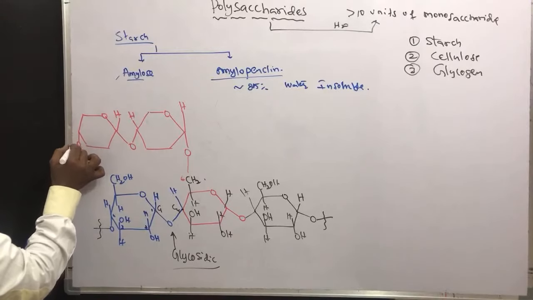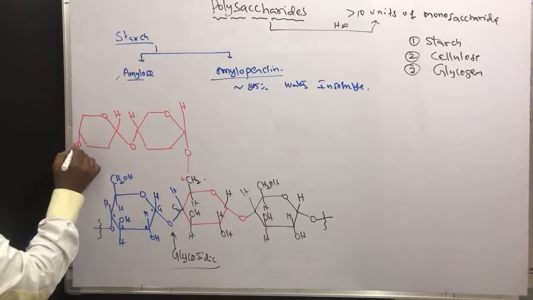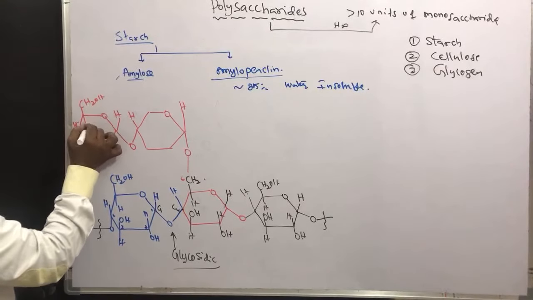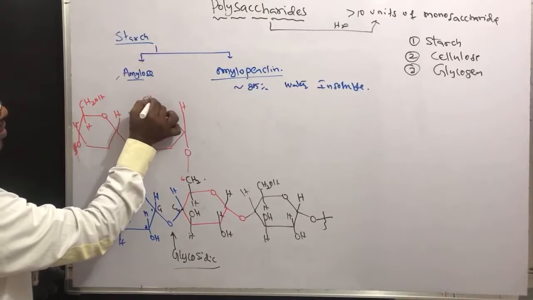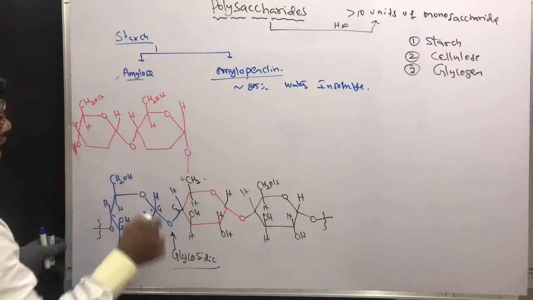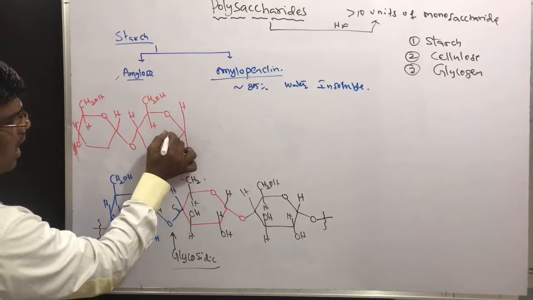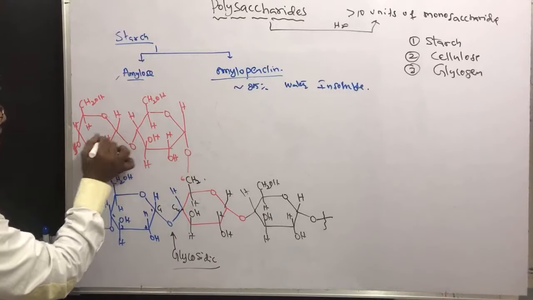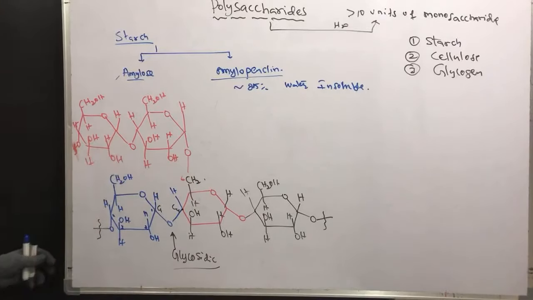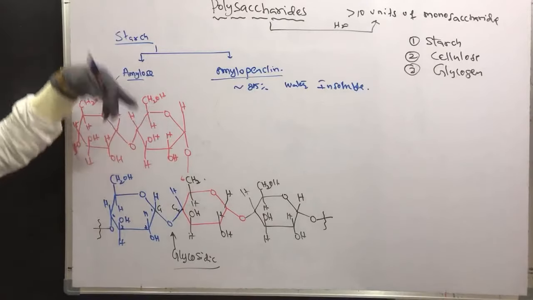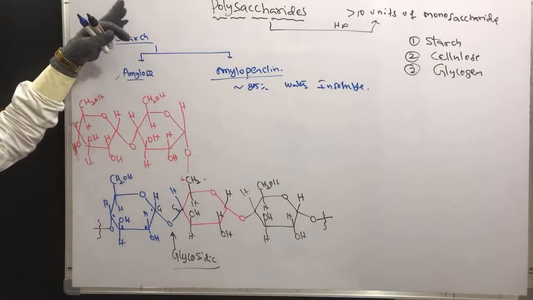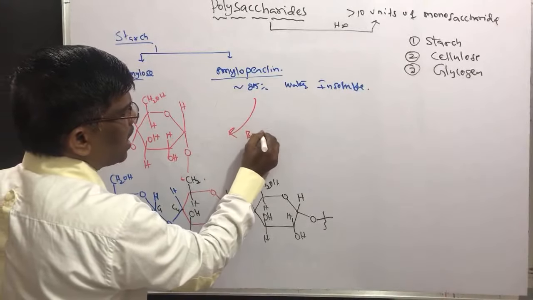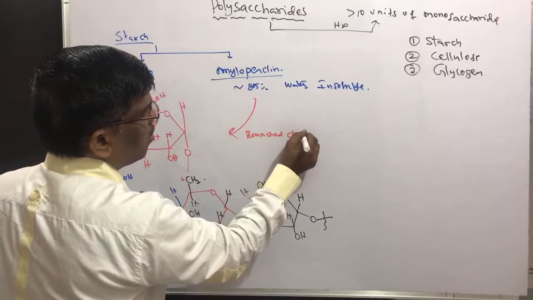It is going to have OH down, or it is a polymer, so you have to write like this: CH2OH and hydrogen, CH2OH hydrogen, and remaining it is OH down hydrogen, OH in hydrogen, it is down and in. Yes, so D-glucose, and this will have further chain, like that. It is a branched chain polymer.